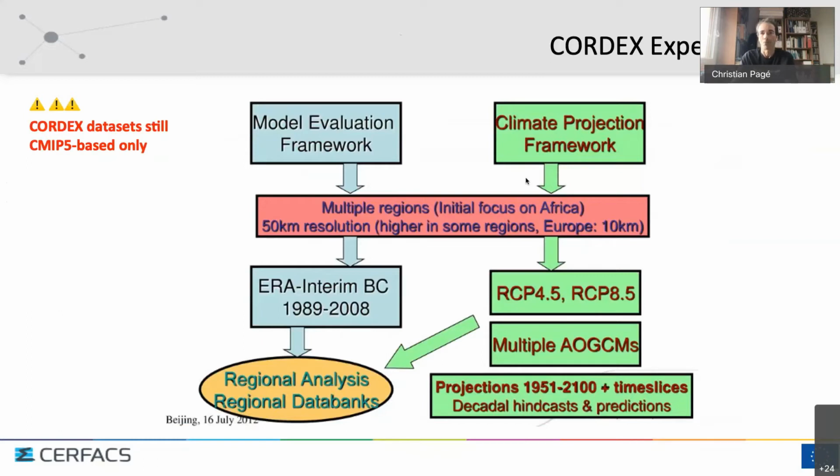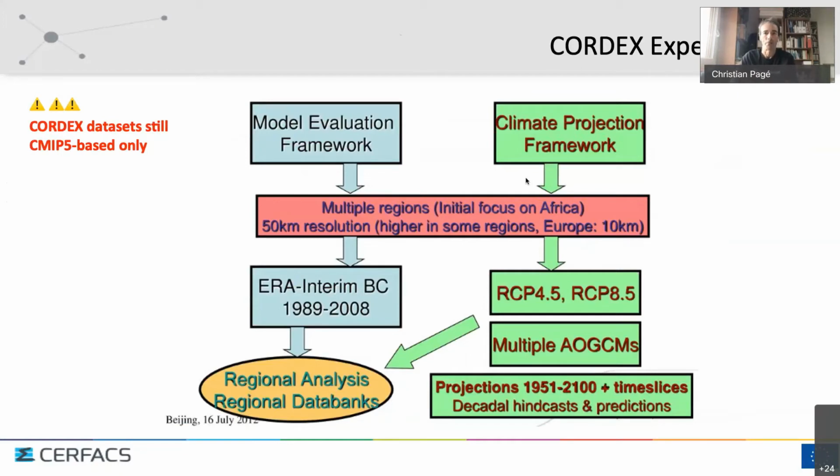So those Cordex datasets, what are they? If you don't know them really, they are aimed at some regions. We have different regions where we run higher spatial resolution climate models, and it uses this framework. This framework was decided in 2012.